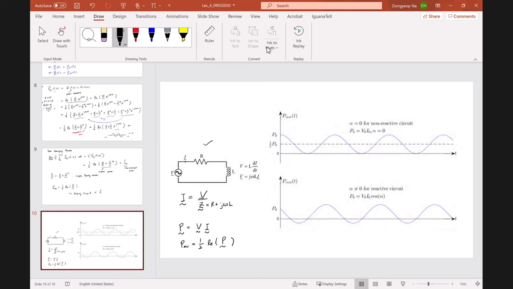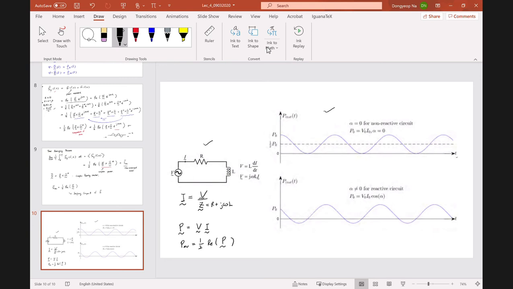If we do not have the inductance, whose impedance is proportional to j omega, then we can describe the power flowing through the circuit with the figure on the top.